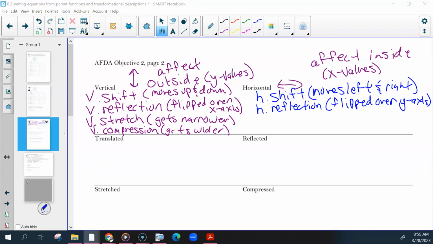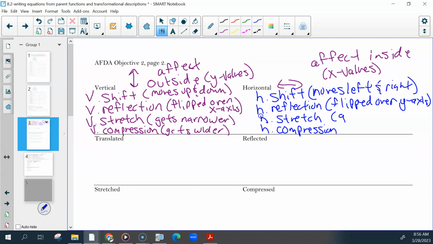Let me double check this really fast. We did not talk about a horizontal stretch or a horizontal compression. We're going to do that briefly so you would see what it would look like, but after that, not really again. This is going to seem weird, like it should be the same, but it's going to be opposite.